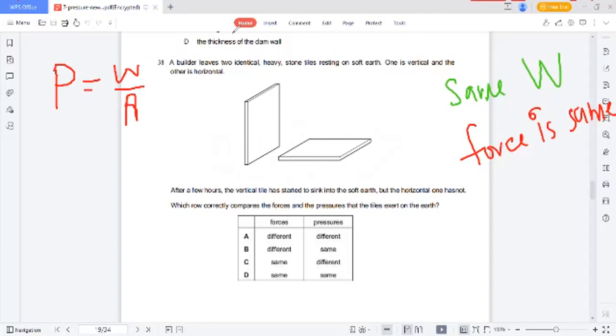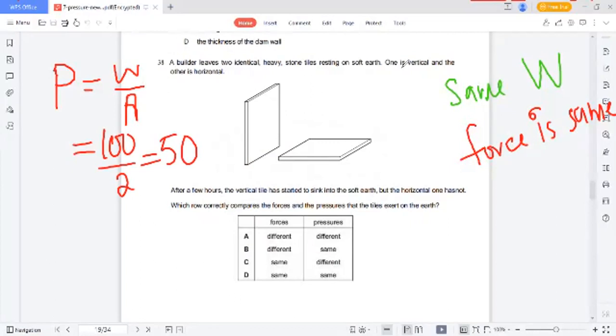In this case, look at the surface area in contact with the earth. It's a very small surface area in the vertical case. Suppose it is only 2. So 100 over an area of 2 would be 50.